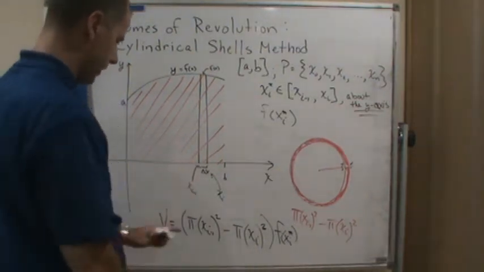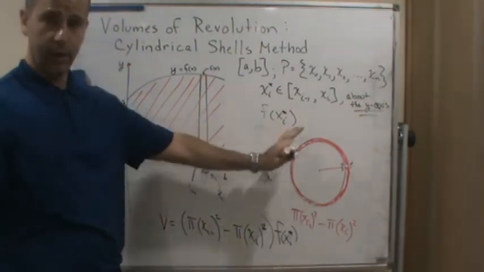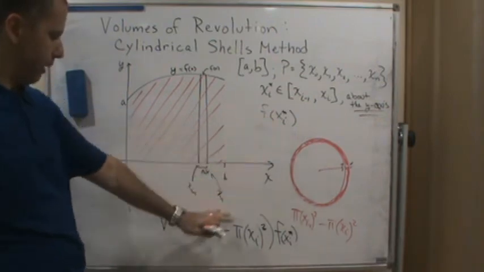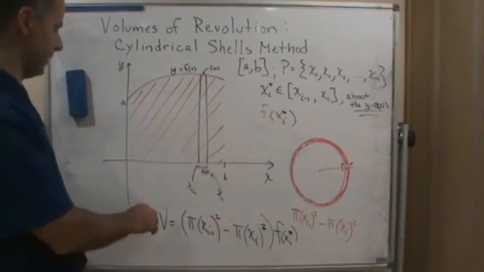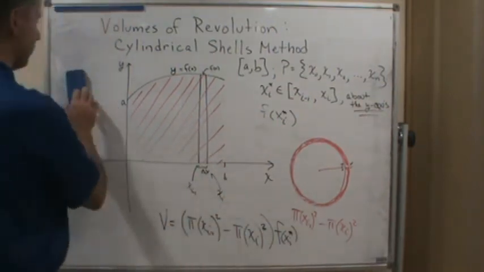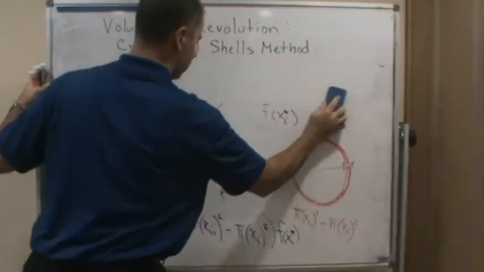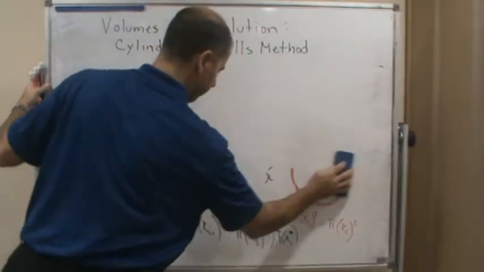So we've got the picture. Make sure you draw this picture. And what I'm going to do is erase this, and now we're going to see what happens as we simplify this further.